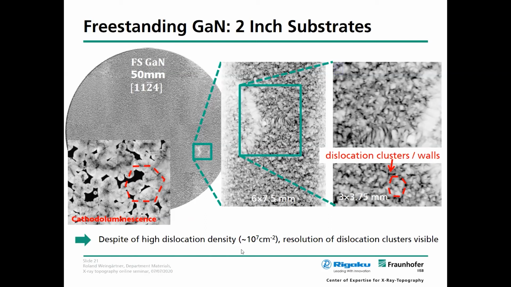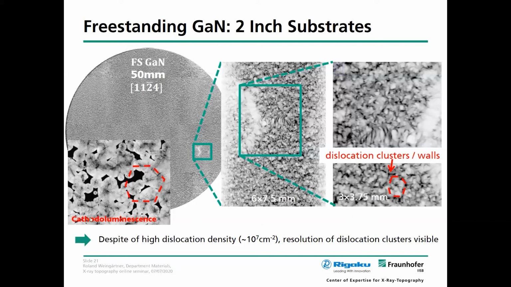So please remember 3,500 for silicon carbide is a limit. Here you are well above the limit. Everything is overlapping. Nevertheless, these defects are crowded, they cluster, and you can see these cluster structures, which is important if you want to make further processing of your wafer.